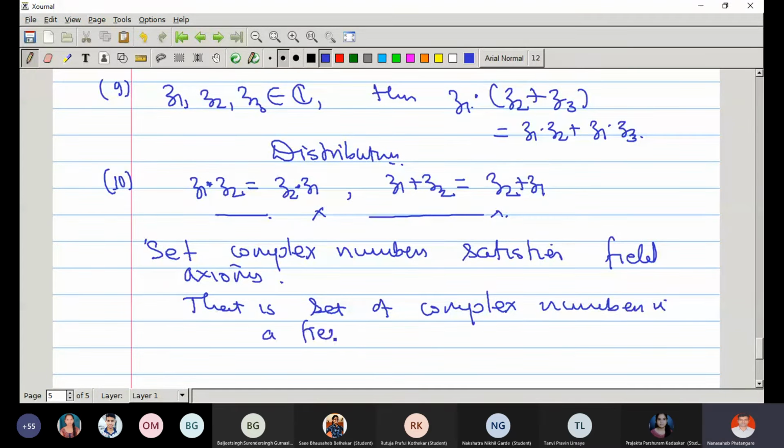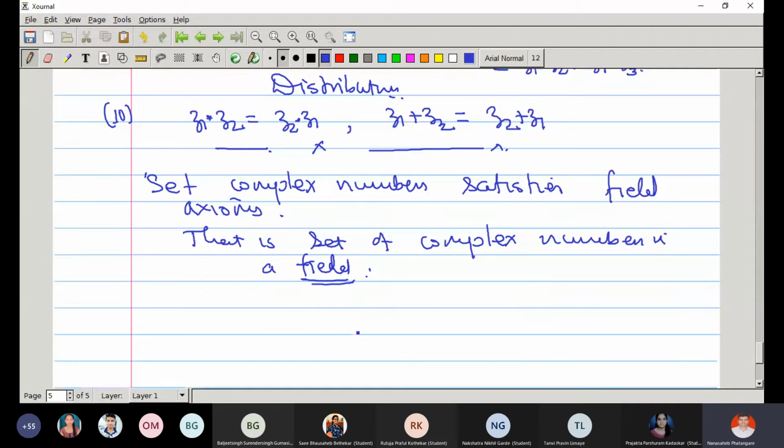A field means a set which satisfies all the properties. What is a field actually? There are two operations, addition and multiplication, and all these properties together are called a field. So the set of complex numbers has all those properties, basically the field axioms for real numbers.